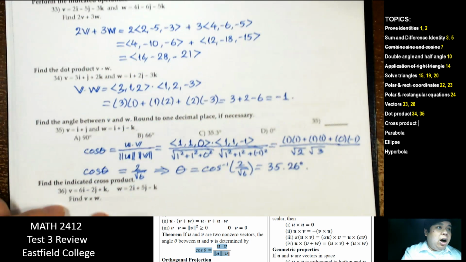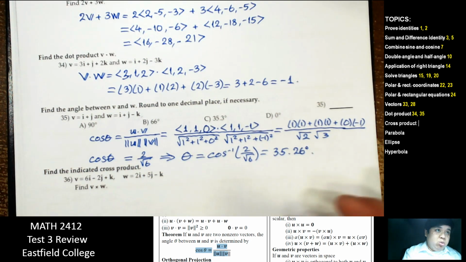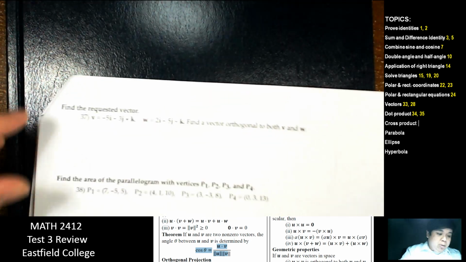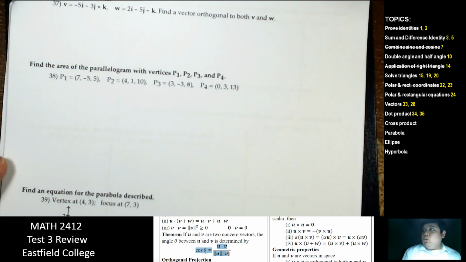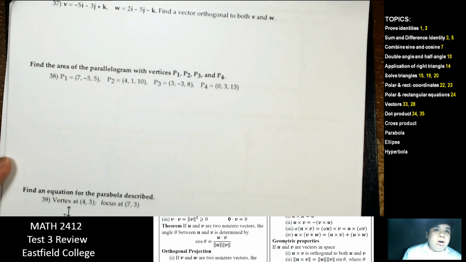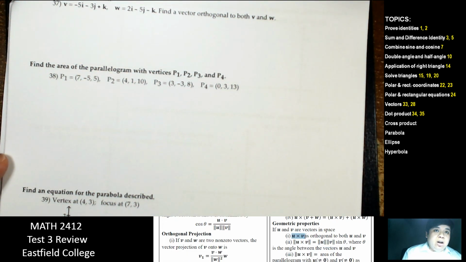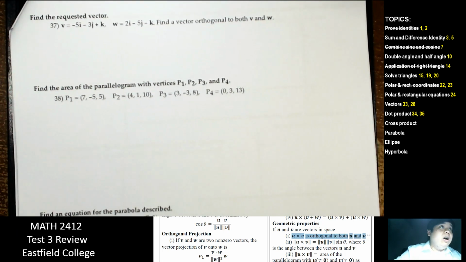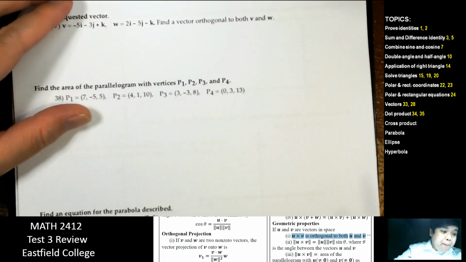Cross product 36 is straightforward, so we'll just do that. I'm doing 37 because one of the properties of the cross product is that it is orthogonal to both of the vectors. So we find the cross product here.